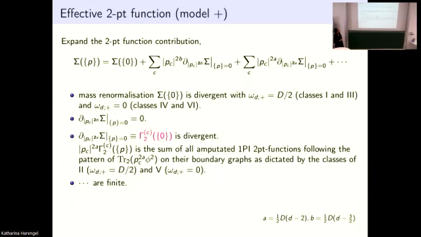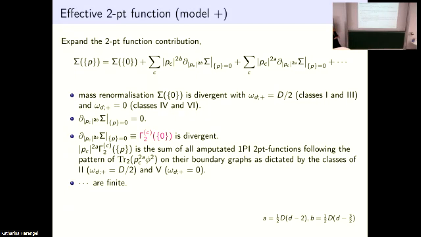Okay. Now take the 2-point function, and I'm going to Taylor expand because I'm doing perturbation theory. Studying the table that I showed you, the list of primitively divergent graphs earlier, you can conclude that this one, sigma evaluated at external momentum 0, is divergent: class 1 and class 3 give you d/2, and class 4 and 6 give you log divergence.